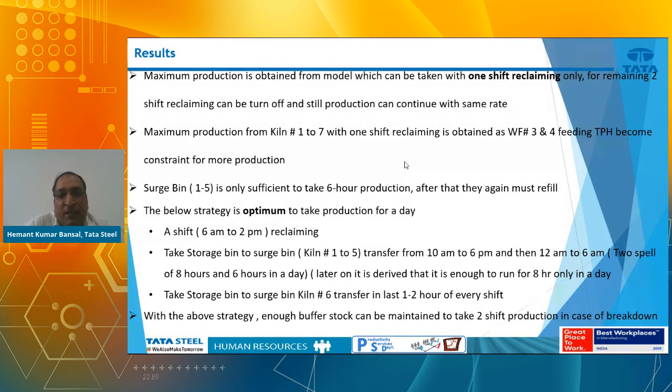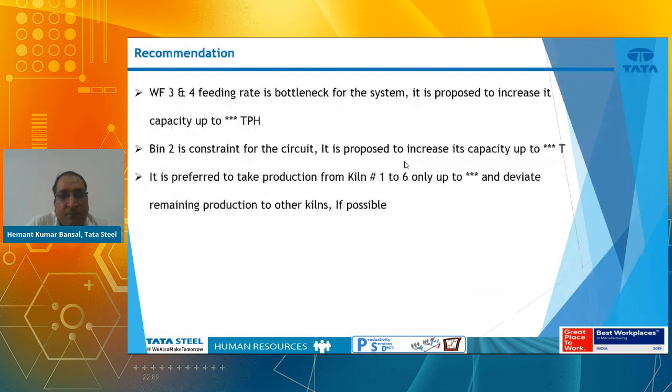Later on, it is also derived that it is enough to take total 8 hours production only in a day. Take storage bins to surge bin transfer in only 1 to 2 hours of every shift. So with the above strategy, enough buffer stock can be maintained to take 2 shift production in case of any unplanned breakdown.